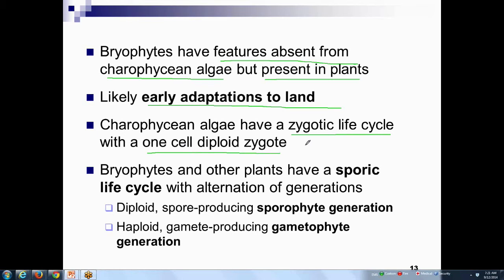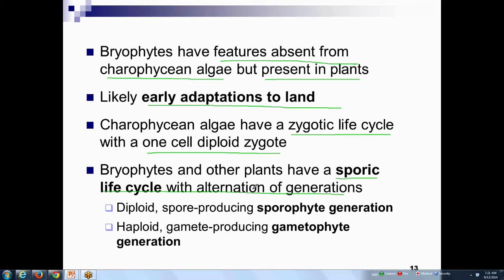And then those gametes fuse, and when those gametes fuse, they form a zygote, a diploid zygote. And then the zygote goes through meiosis to produce the haploid cells of the body of the algae, and the process just repeats.